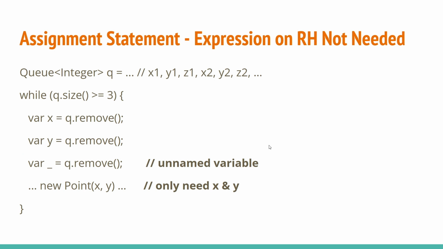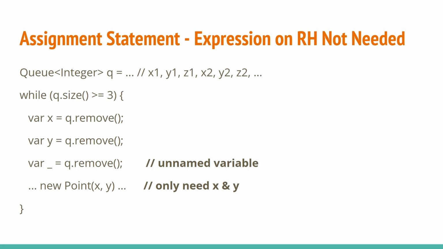Next example, we can use an unnamed variable in an assignment if the expression on the right hand side is not needed. Many times in a Java programmer's life, we get the warning that these are unused variables. So this is one example where we have a queue of integers.